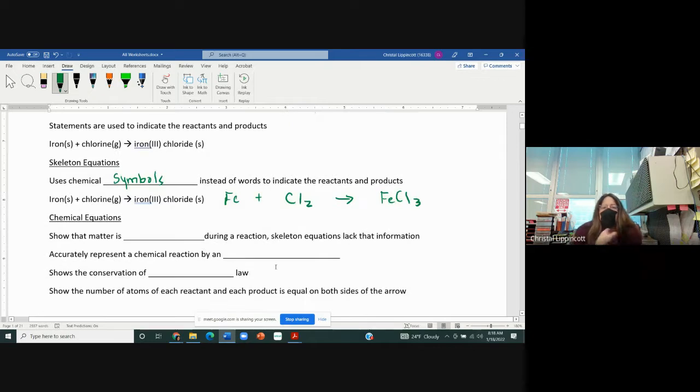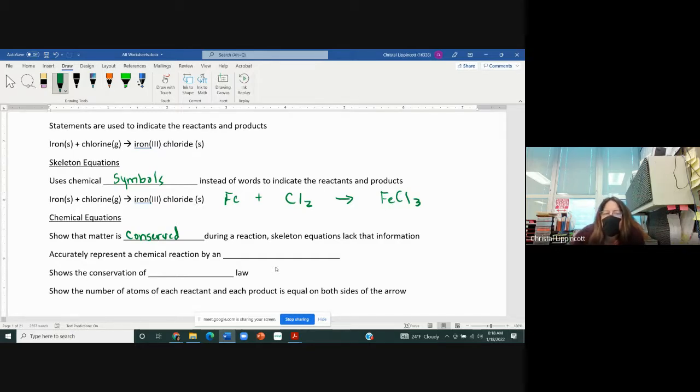All right. So chemical equations show that matter is conserved in a reaction. The skeletal equations are going to lack that information. So for example, Corey was saying, we've got 2 here. Over here, we've got 3. How did we create that new 1?